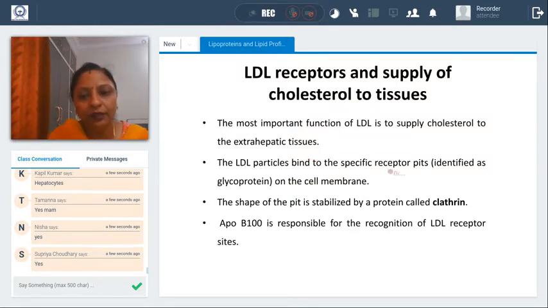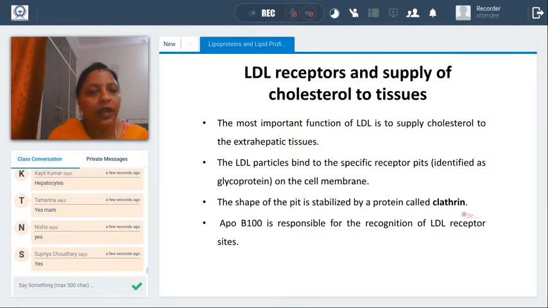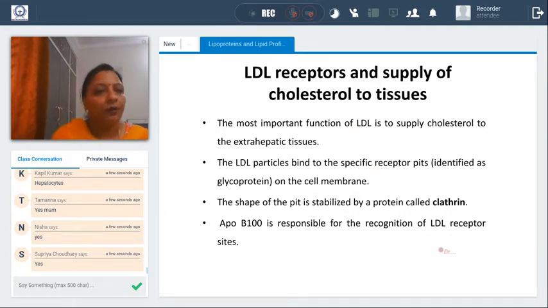Please remember this word clathrin. ApoB100 is responsible for the recognition of the LDL receptor site. As I told earlier, this is the function of apolipoprotein B.